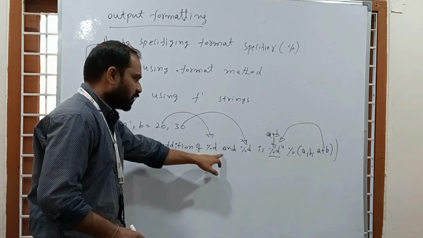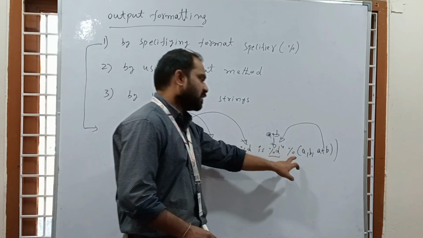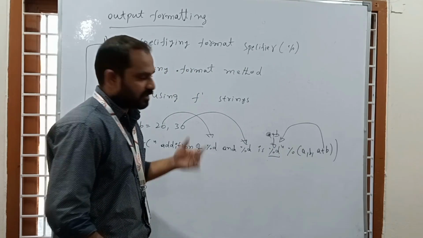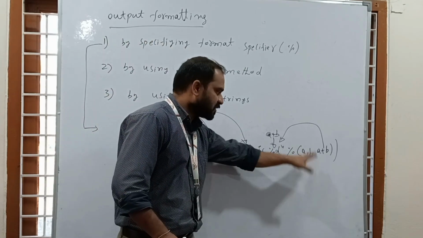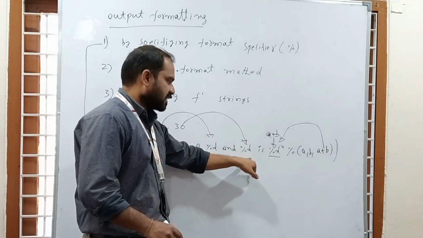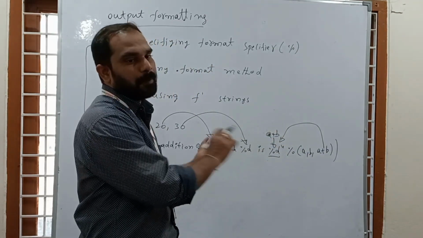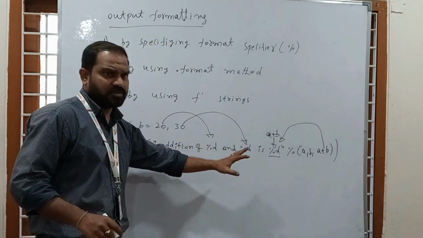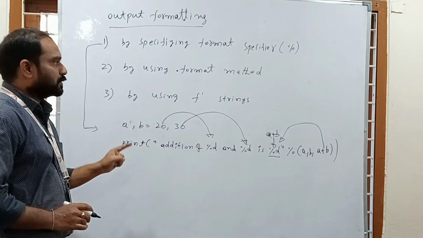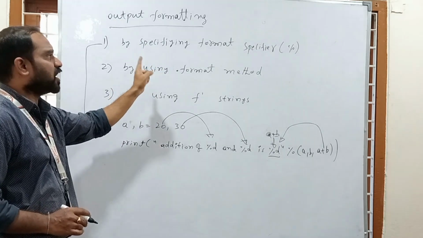This is one way. If you want to access values inside the string, you can use the percent operator. How many %d's are there, in those places these values will get appended. In the first %d, a; in the second, b; and in the third, a plus b will get appended when the print statement is executed. This is the first way of output formatting.